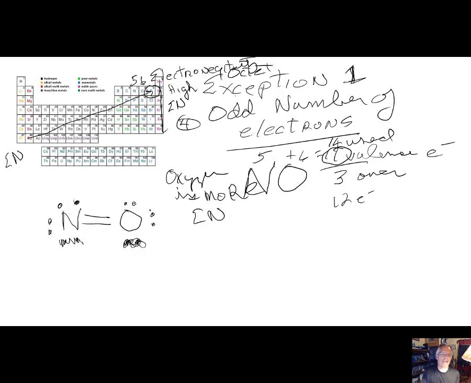So oxygen is going to get its octet, and poor little nitrogen over here is going to have to do without one of its electrons. We call this a radical species because there's an unpaired electron in nitrogen monoxide.